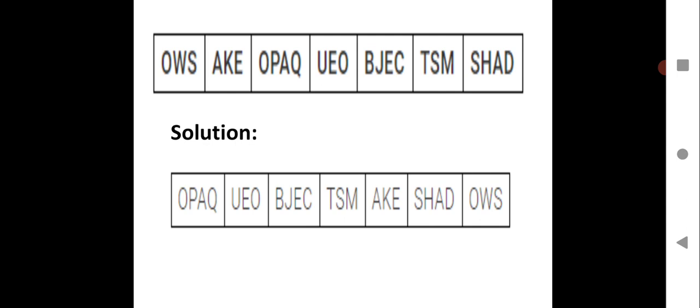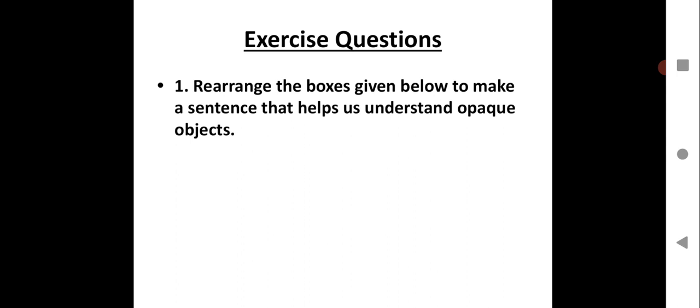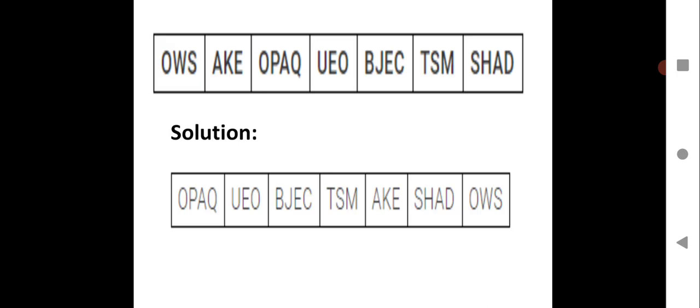This is the solution, and it is asking you to make a sentence that helps us to understand opaque objects. If you arrange these boxes and read all the words as a single sentence, you can read it like this: opaque objects make shadows. So that makes sense. I hope this is very clear and interesting.